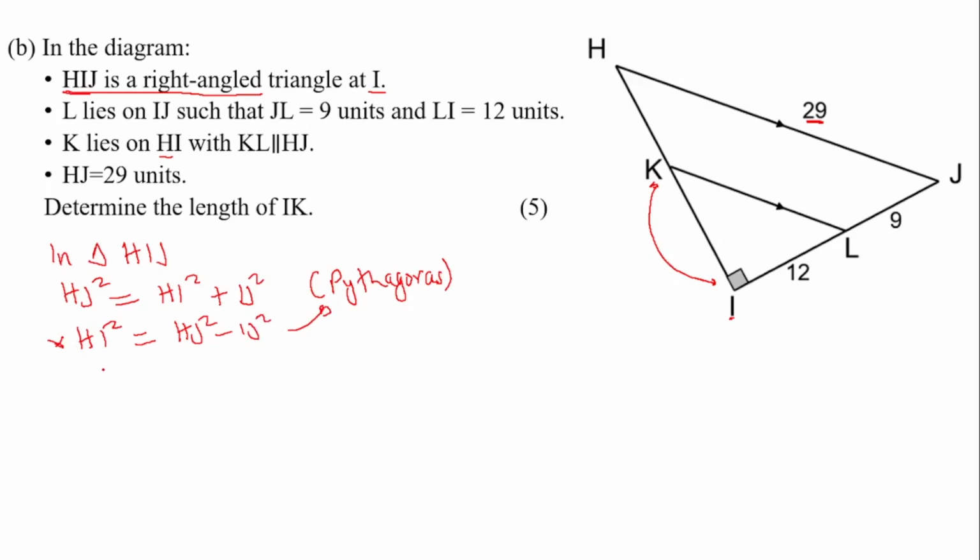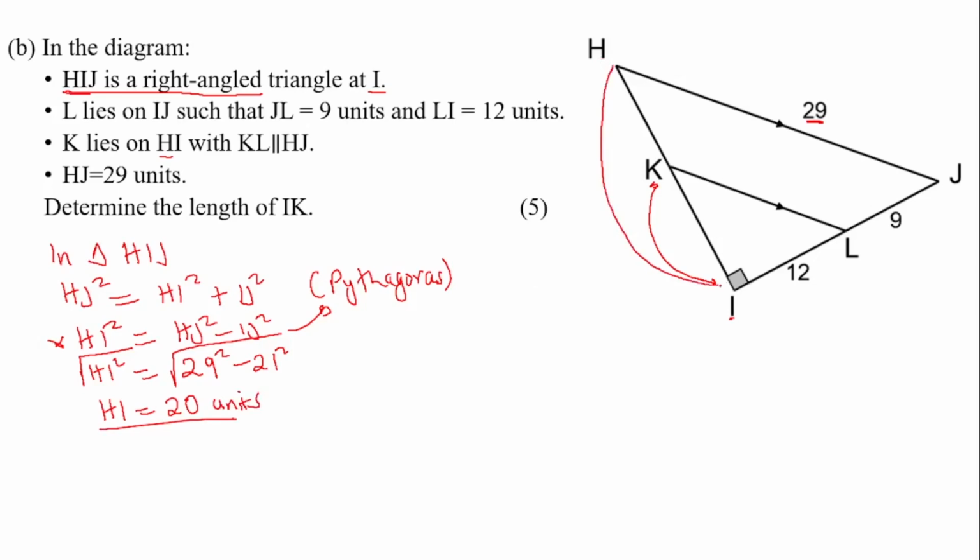So HI squared is equal to 29 squared minus (12 plus 9), 12 plus 9 is 21, minus 21 squared. So we square root both sides, and then we must get that HI is equal to 20 units. Okay, so it means this whole length of HI is 20 units.